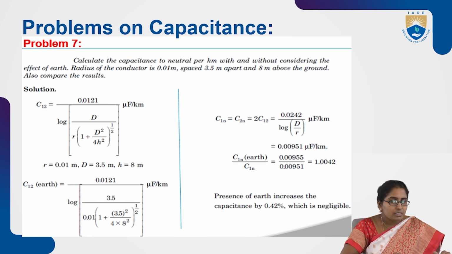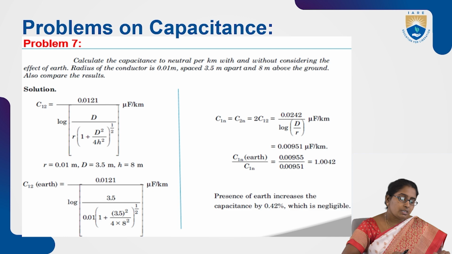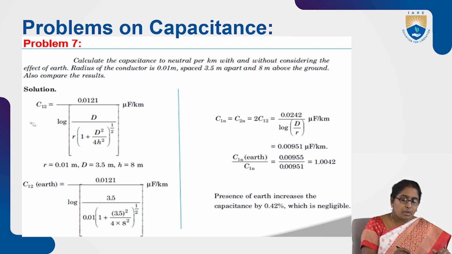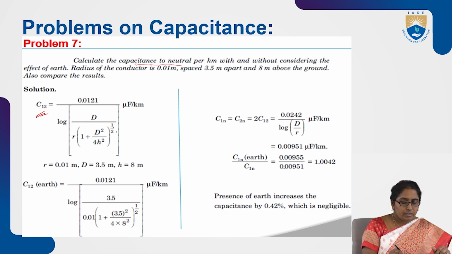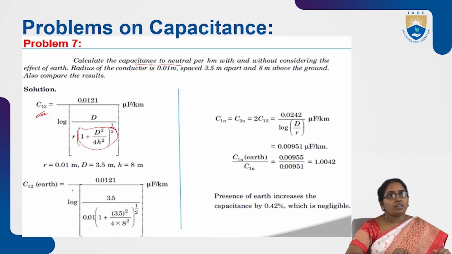They ask for capacitance to neutral, so it is 2 pi epsilon naught by log base 10 of D by r in the numerator, and in the denominator, log base 10 of D by r into (1 plus D square by 4 H square) whole power 1 by 2. That is the only additional term.